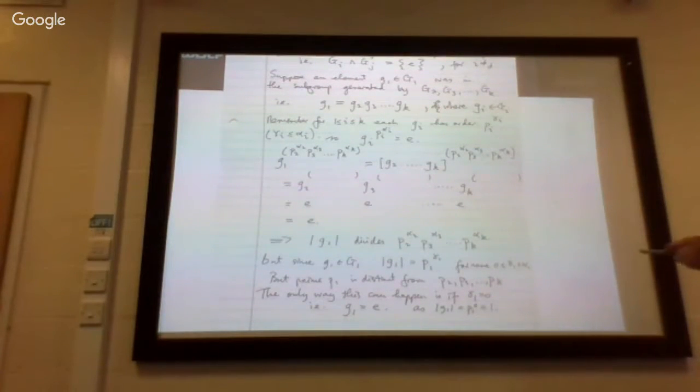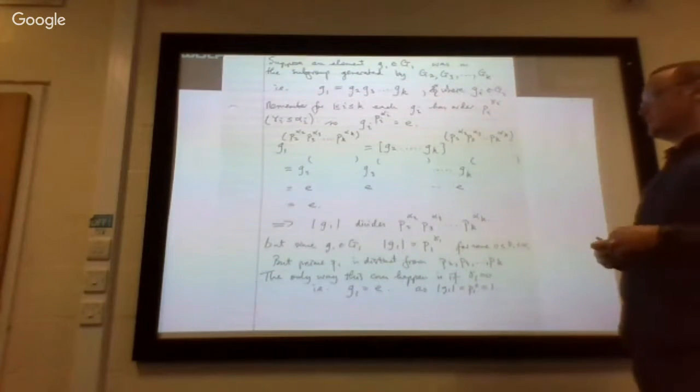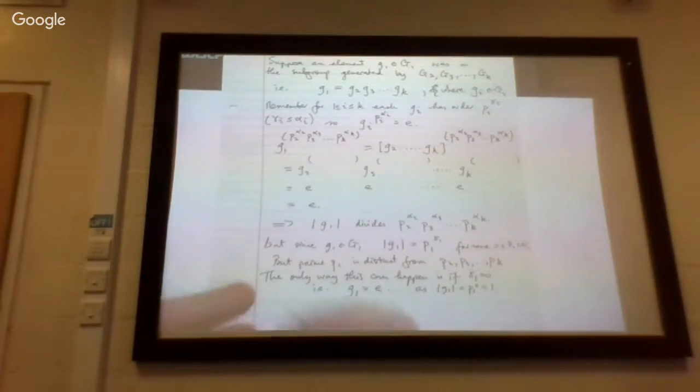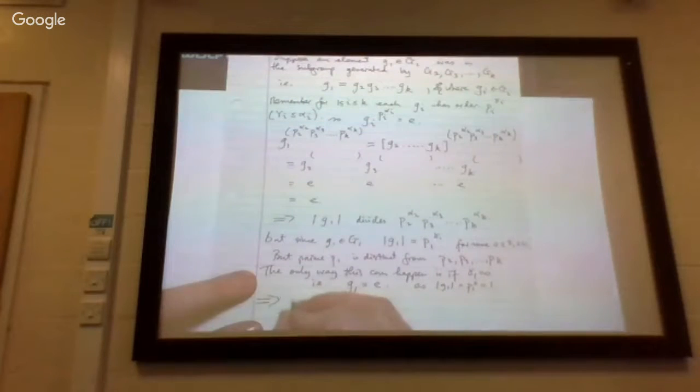So this implies that for each j between 2 and k, G1 intersect Gj can only ever consist of the identity element.